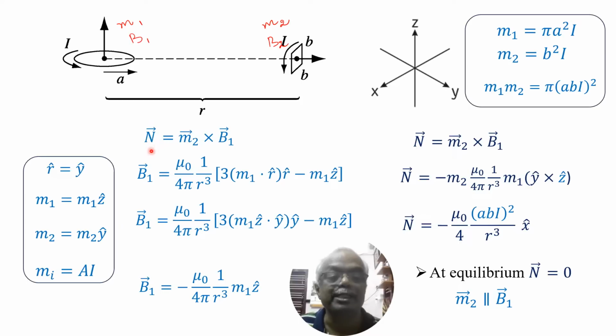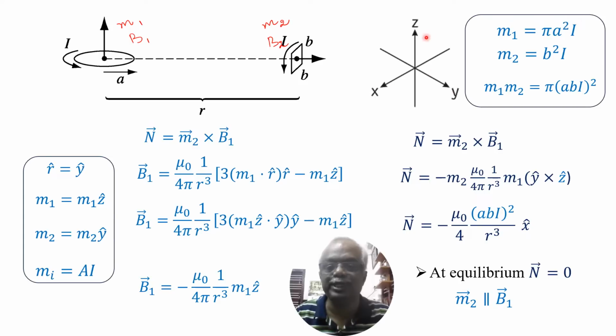So by definition, the torque is m2 cross B1. So we will see what is that m2 cross B1. Conventionally, we will take this as the z-axis, this is the z-axis, and this one is the y-axis, and the other one is the x-axis.